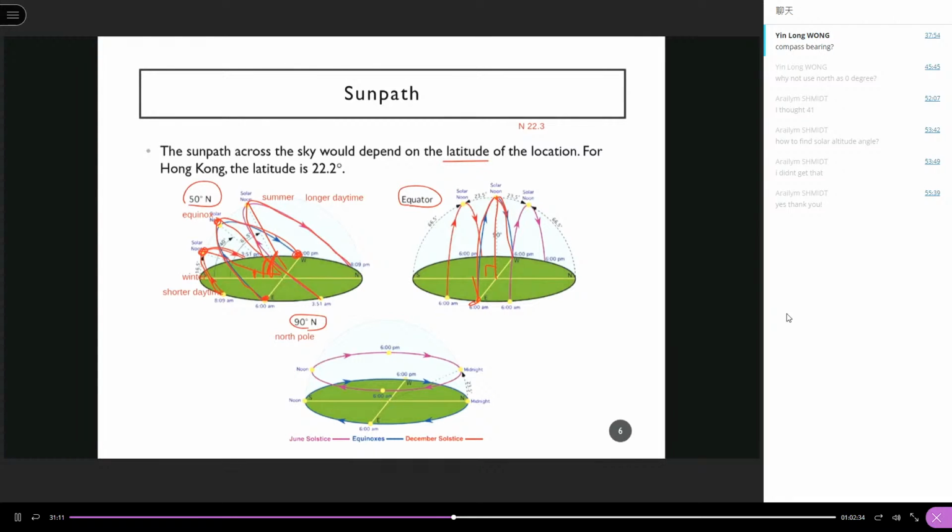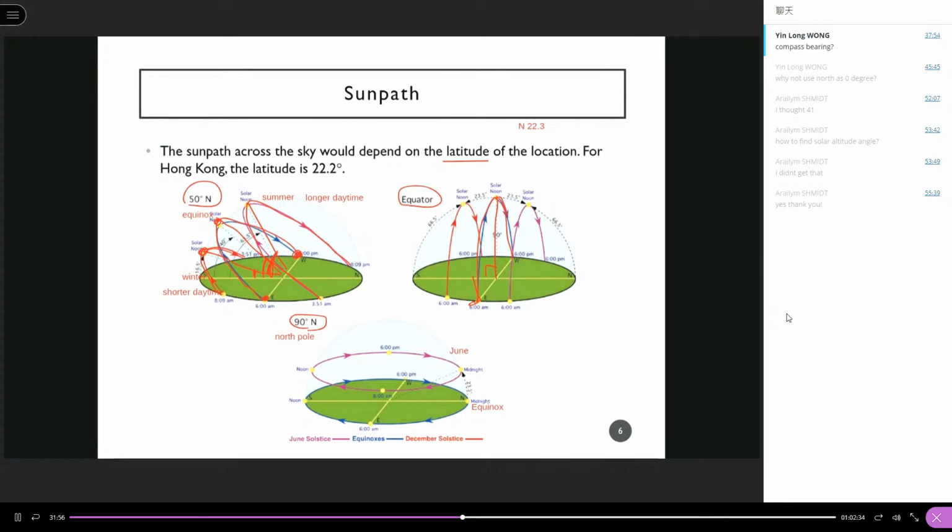So how about the North Pole? In the North Pole, when it is summer, or maybe I should say in June, there will be 24 hours daytime, no nighttime. And on the two equinox days, the sun will be moving along the horizon, not rising, not setting, but moving across the horizon for 24 hours.